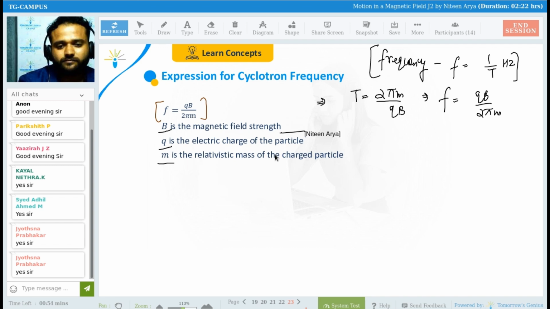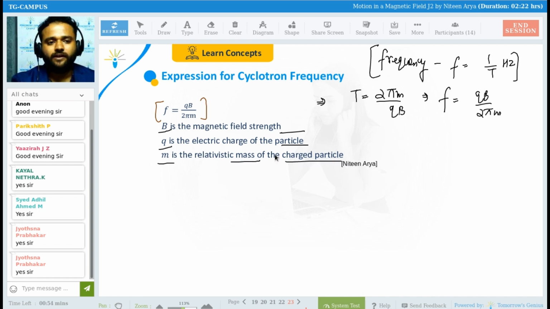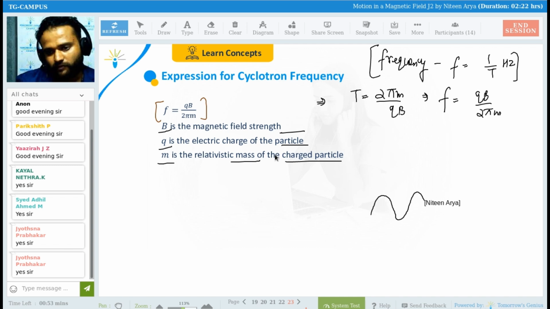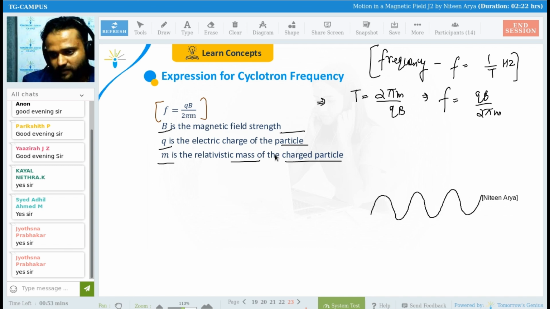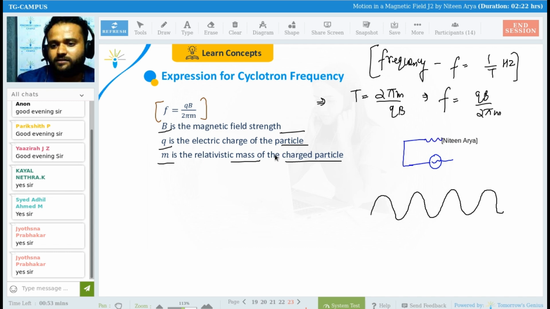So we have B, the magnetic field, we have Q, the electric charge of the particle, and M, the relativistic mass of the charged particle. And the other frequency we set already with the help of this. What is this? This is my alternating voltage. Simply I use this sign in a circuit. So obviously you can see that this is in the wave form.